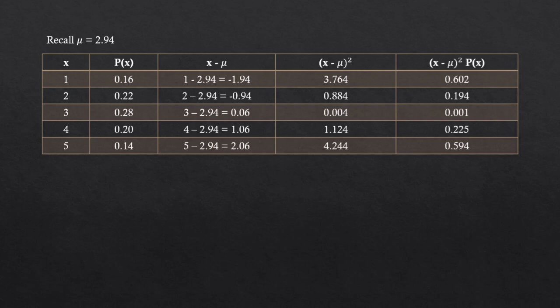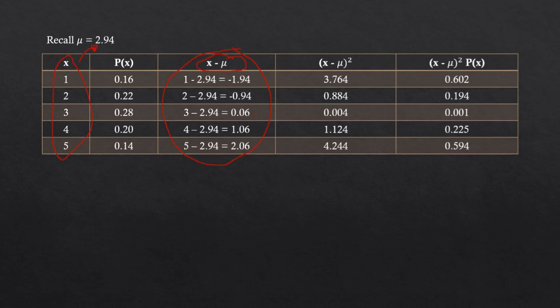Recall that the mean is equal to 2.94. This third column is x minus mean. Each x was subtracted from the mean, which is 2.94. So the answers are negative 1.94, negative 0.94, 0.06, 1.06, and 2.06.